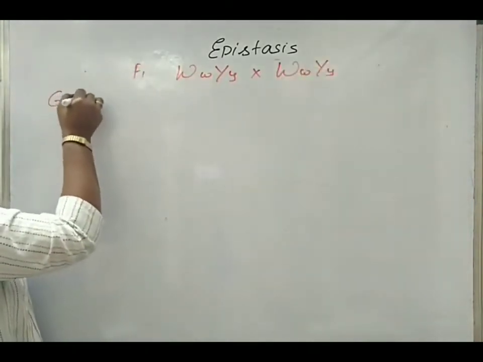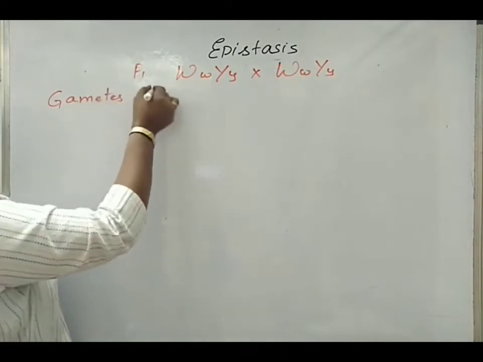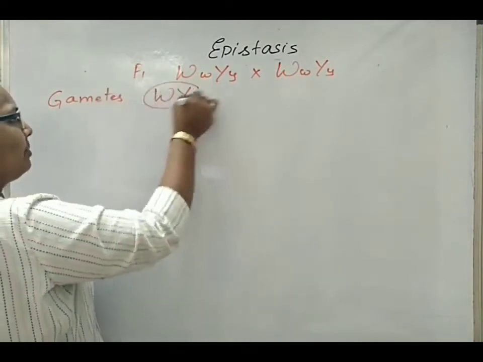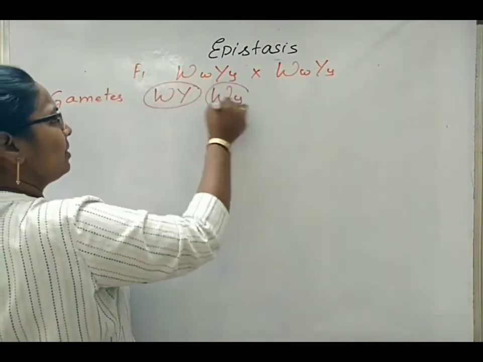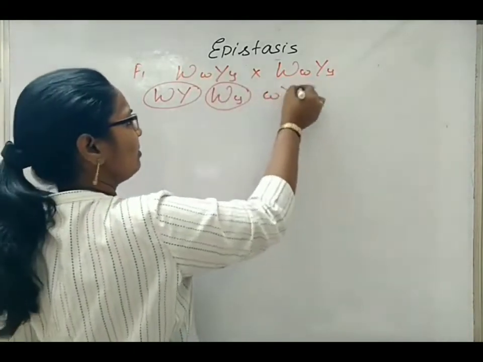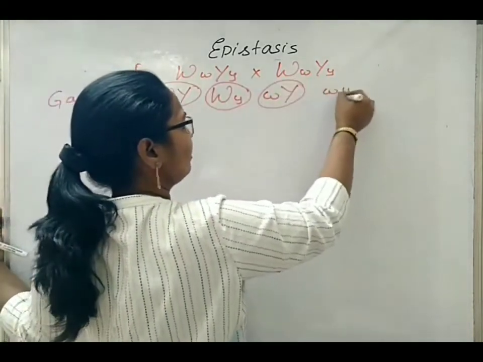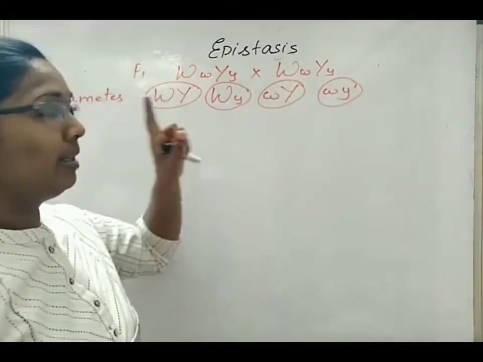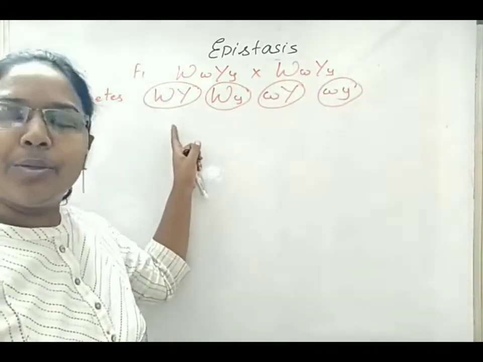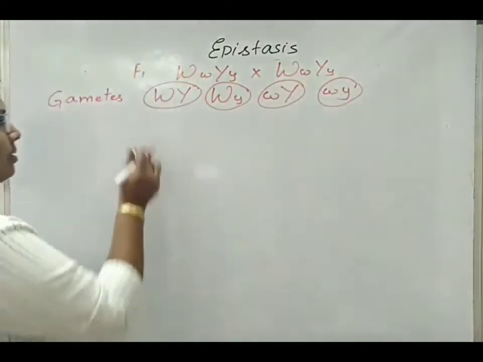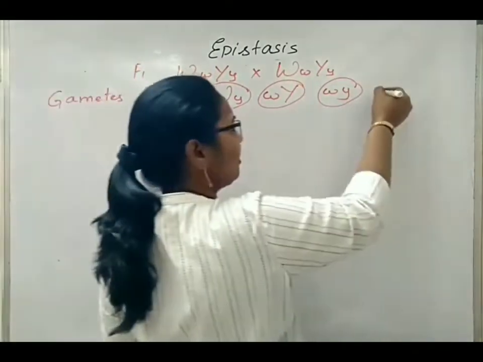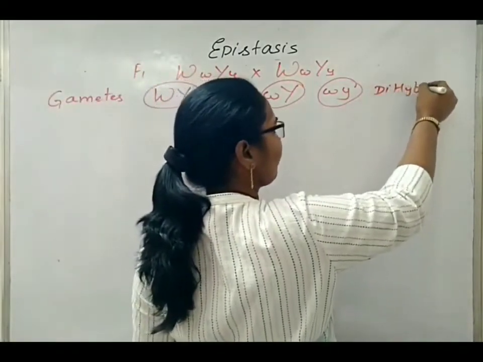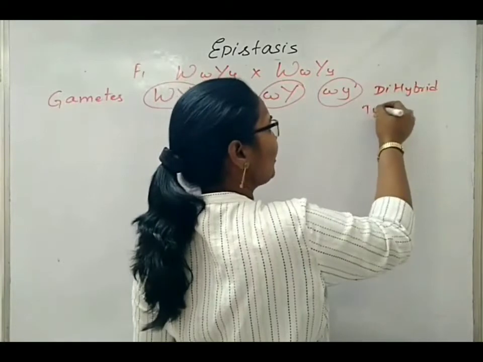Now, gametes from this can be one type, another, and since the example that we have taken is dominant epistasis, we already know in the case of the dihybrid ratio, the types of gametes.